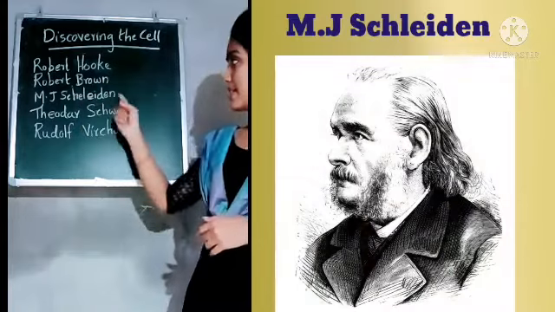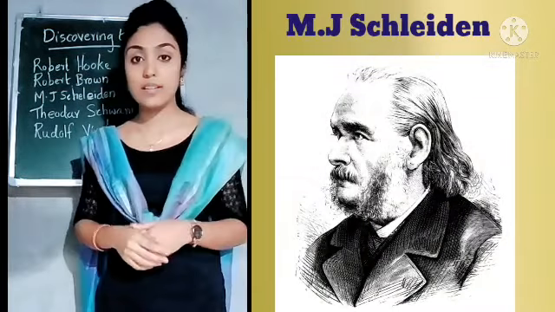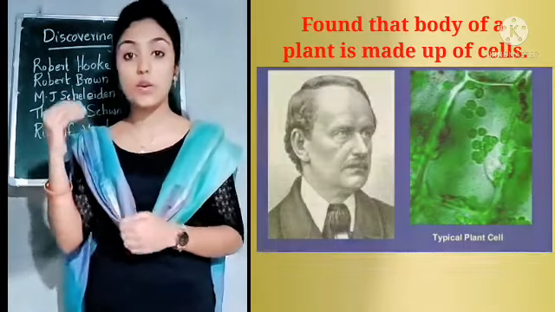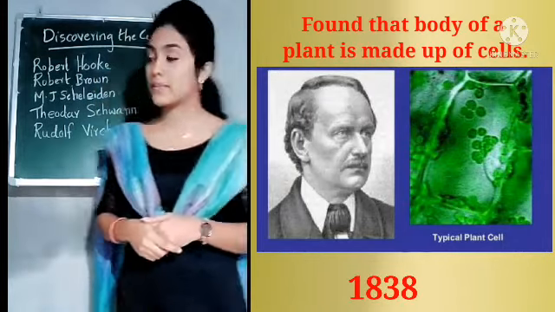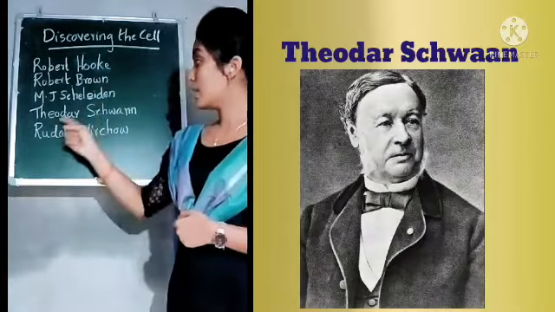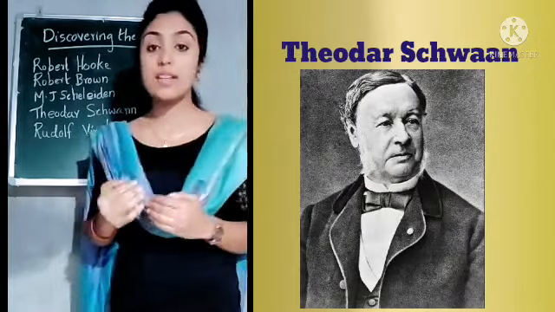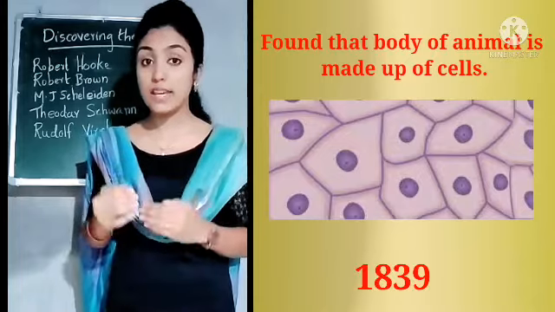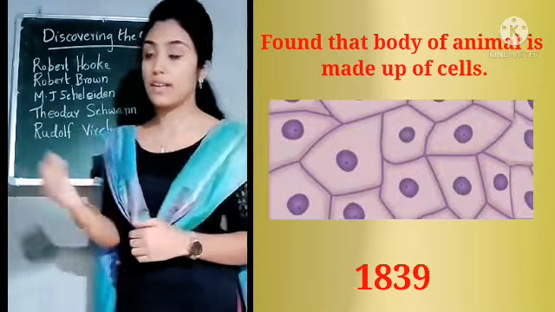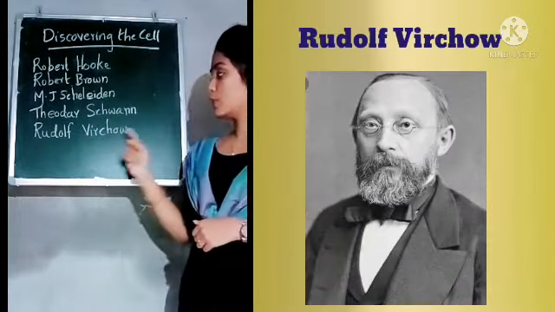Then M.J. Schleiden found that the plant body is made up of cells, during 1838. Then Theodore Schwann found that the body of animals is made up of cells, in the year 1839. Then it is Rudolf Virchow.